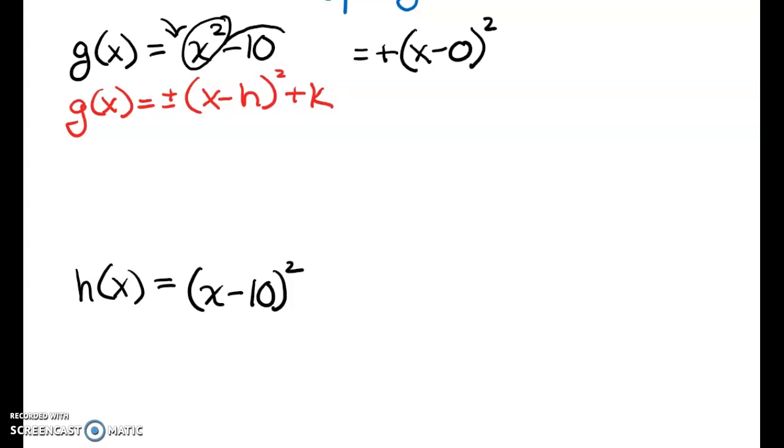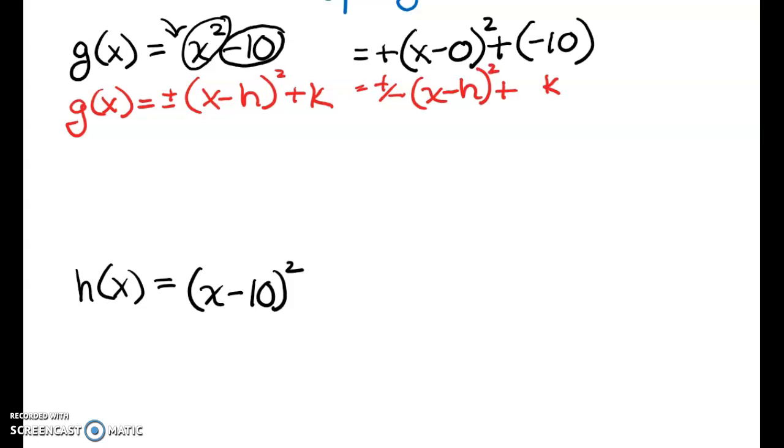And now this term is supposed to be added, so I'm just going to add that term at the end. Now I'm going to go ahead and write my generic equation here. X minus h, so I can pick out my values, and you can see that h equals 0, k equals -10.